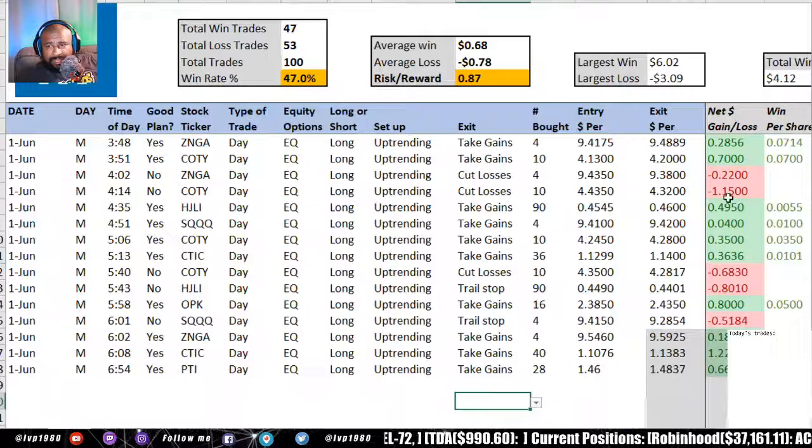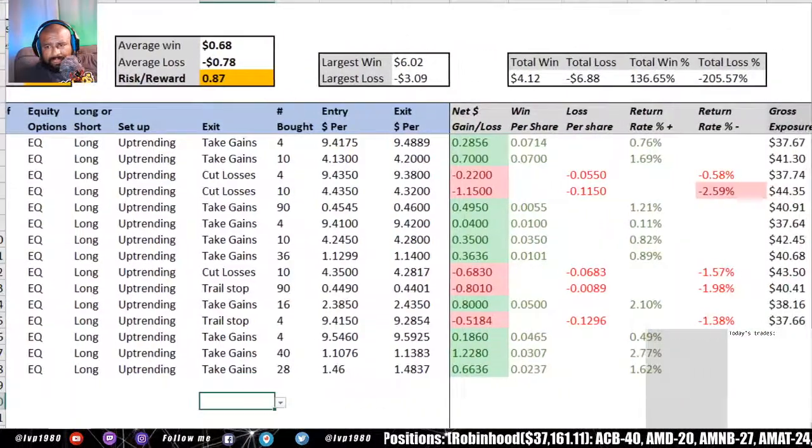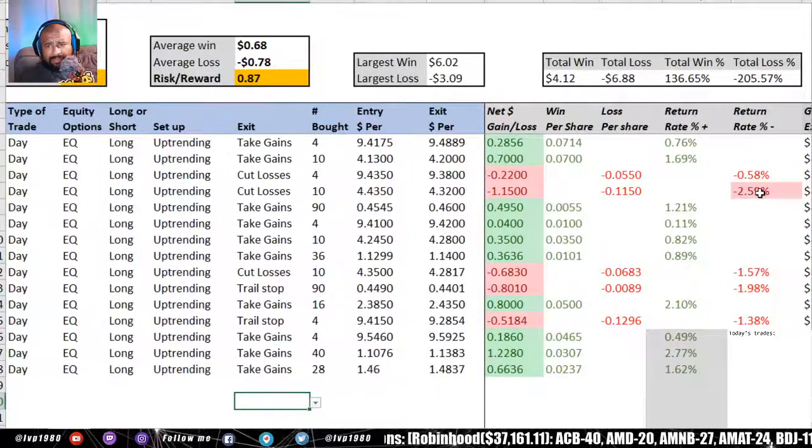So you can see $1.15 lost here, 80 cents lost here, 68 cents lost here, and if you look at percentage wise, this was the highest, being 2.59% under what I put in for it, what I bought, and closest green was 2% right here with 80 cents.